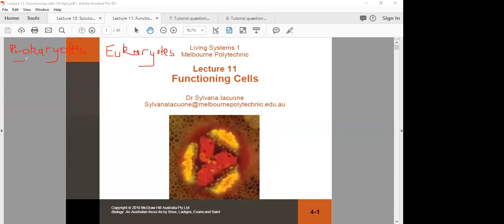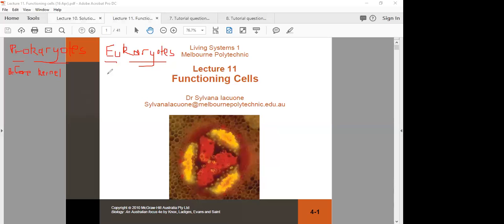So this term here is derived from prokaryon, which means before, and my writing's getting worse as I'm getting more hungry, before kernel, or before the nucleus. Kernel or nucleus, I'll come back to what that means in just a second.